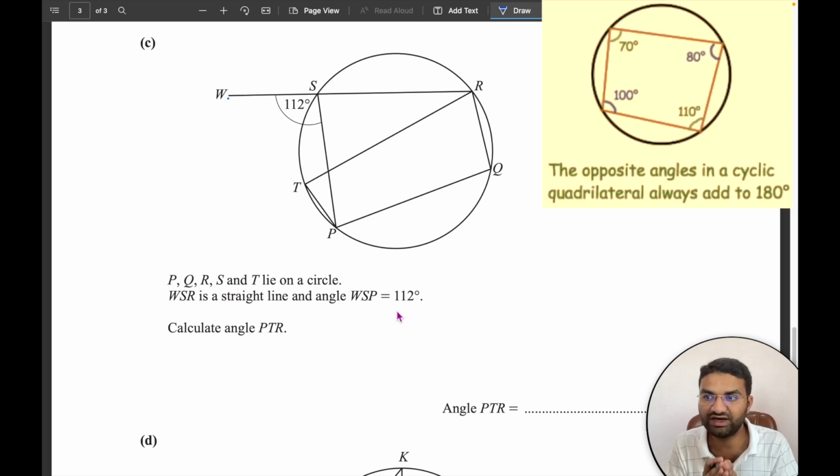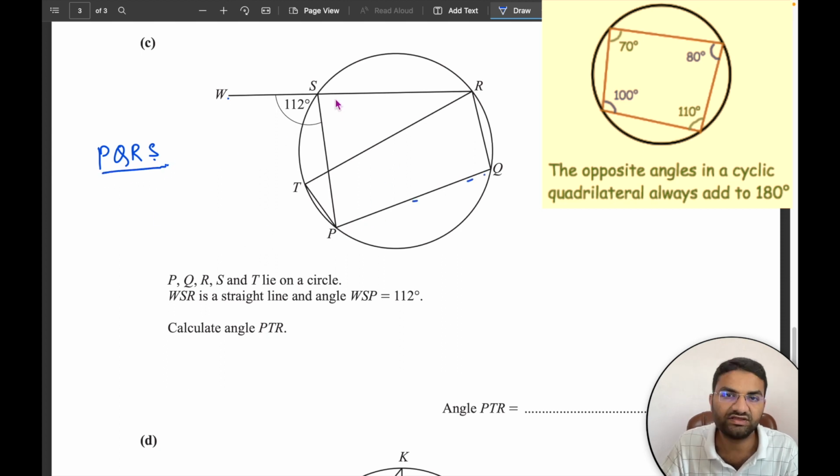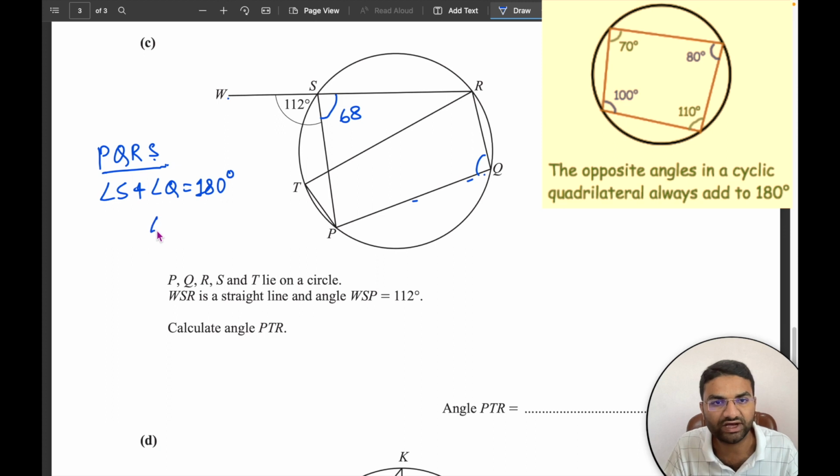We have to use the cyclic quadrilateral theorem here, which says that the sum of opposite angles in a cyclic quadrilateral is 180 degrees. So if you take quadrilateral PQRS, this angle you will get is 180 minus 112, which is 68. Angle S plus angle Q is equal to 180 degrees.